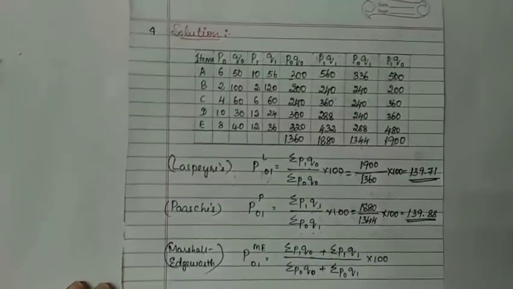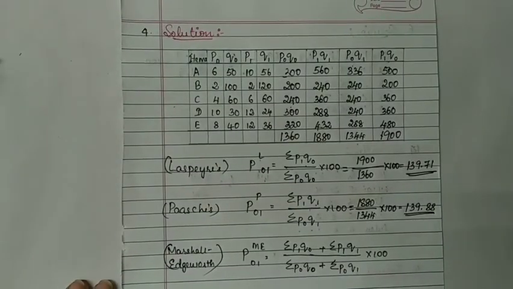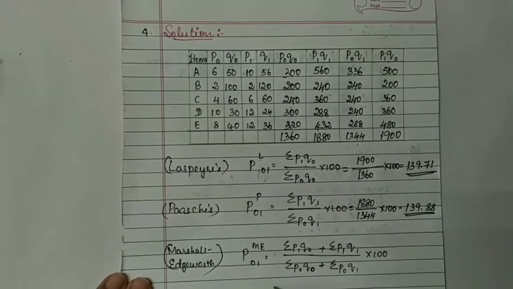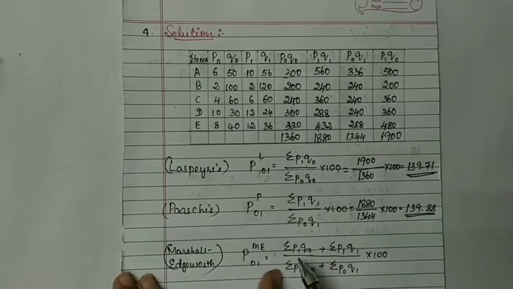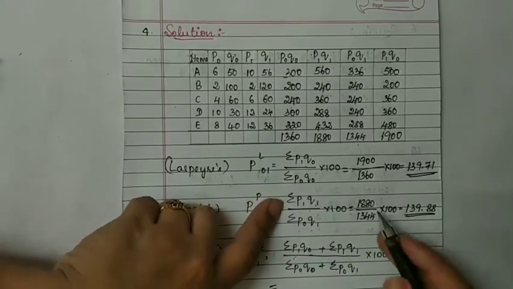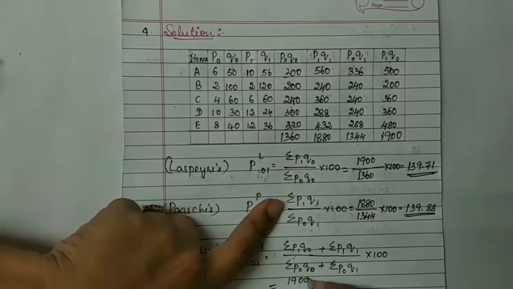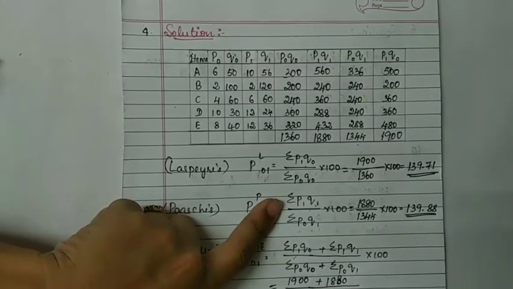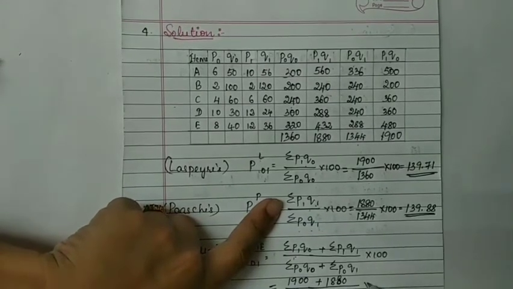Now the third one is Marshall and Edgeworth. According to the formula, summation P1 Q0 as it is, 1900, plus summation P1 Q1, 1880, divided by 1360 plus 1344, into 100.